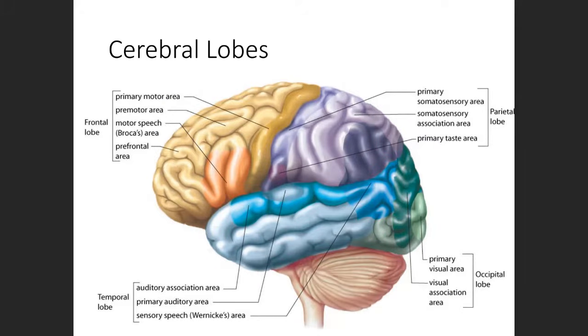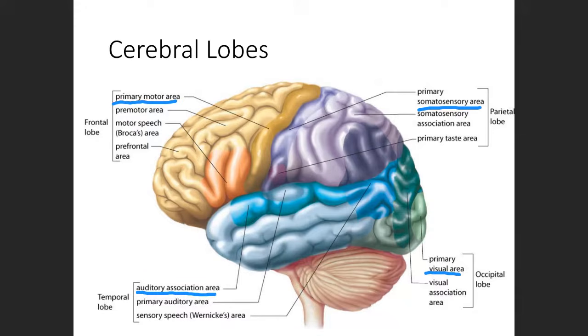The lobes, it's important to remember what the lobes are. The frontal lobe is the primary motor area. So that's the important bit, the primary motor area. The parietal lobe is the primary sensory area. The visual area is in the occipital lobe, and auditory association is in the temporal lobe.